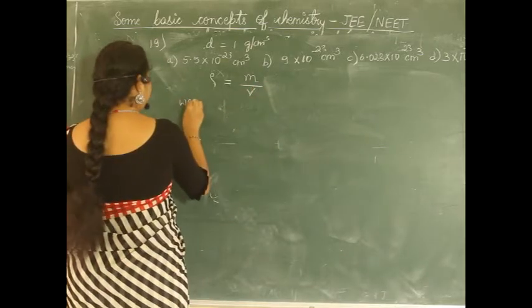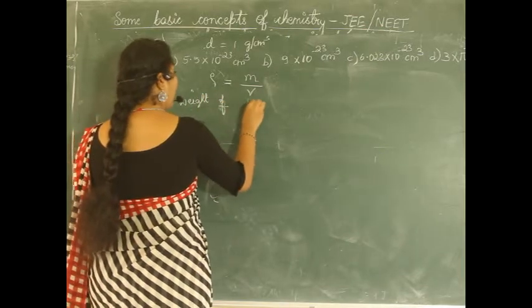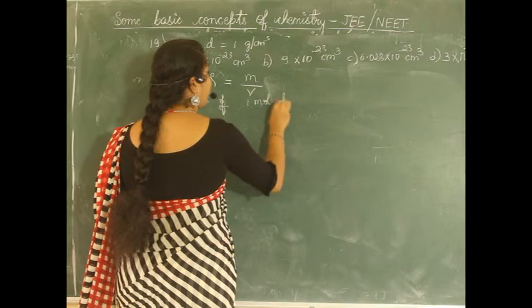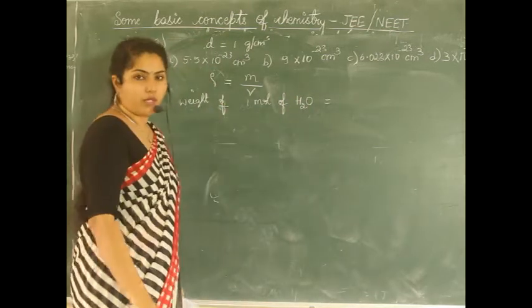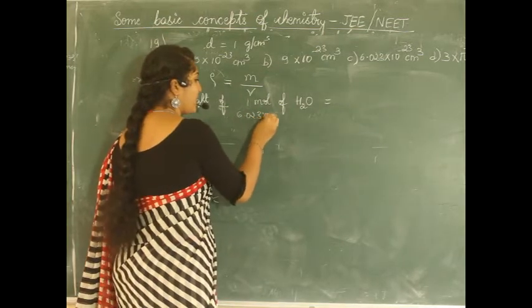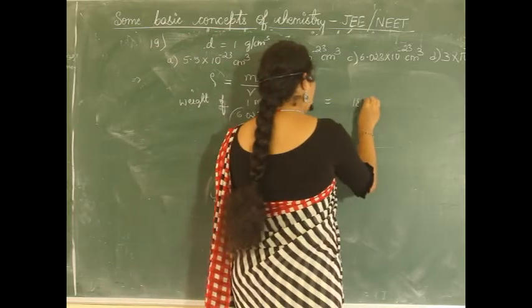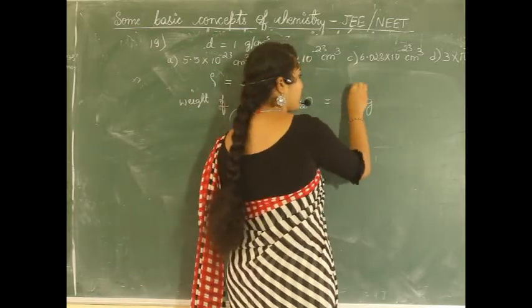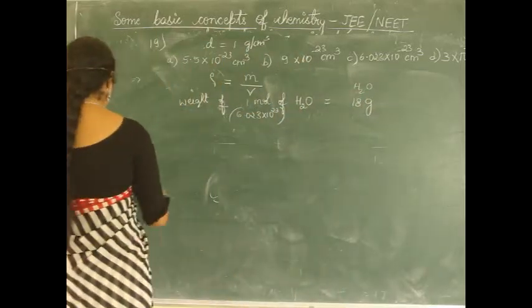Let us see the weight of 1 mole of water. 1 mole of water means Avogadro number of water molecules. Avogadro number, 6.023 into 10 to the power 23 molecules of water, will be 18 gram, right? H2O, 2 plus 16, 18.